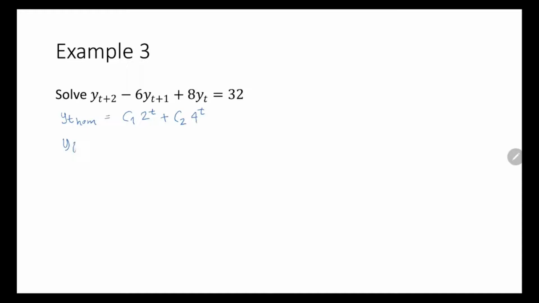The particular solution is equal to the steady state value, which is 32 over 1 plus a1 plus a2, so here 1 minus 6 plus 8, which is equal to 32 over 3.